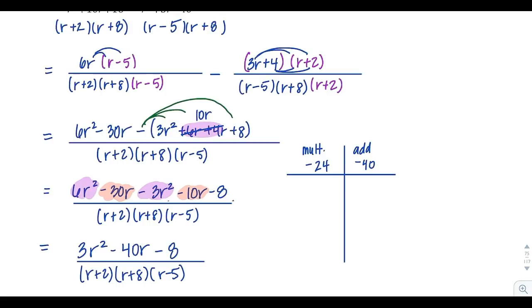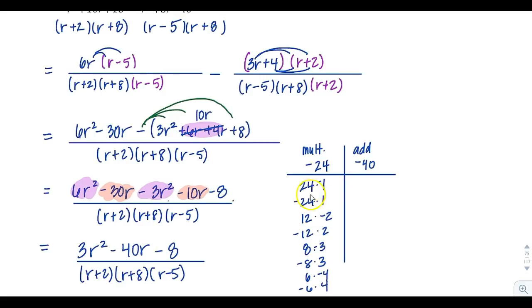So if I try all my possibilities: 24 and 1, 24 and negative 1, or negative 24 and 1, or 12 and negative 2, or negative 12 and 2. We could try 8 and negative 3, or negative 8 and 3. And then finally 6 and negative 4, or negative 6 and 4.